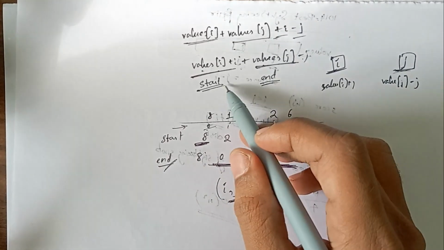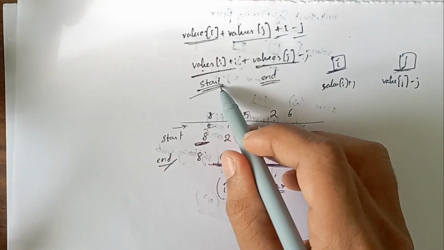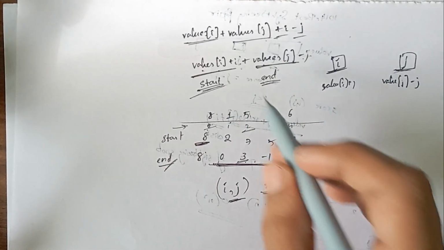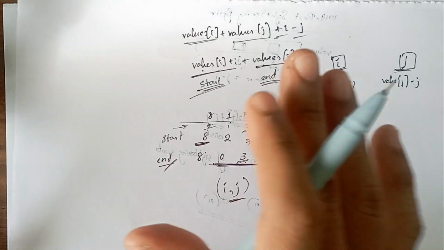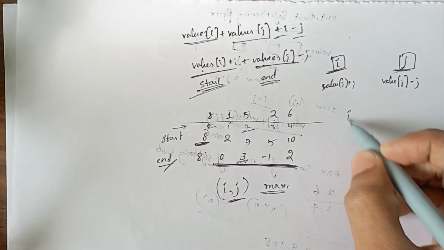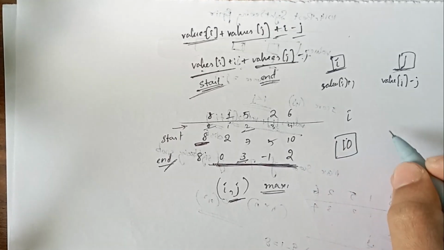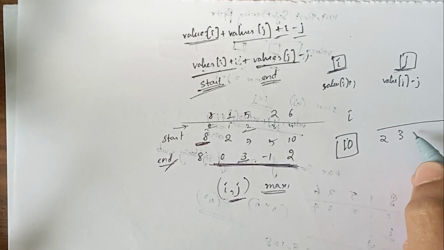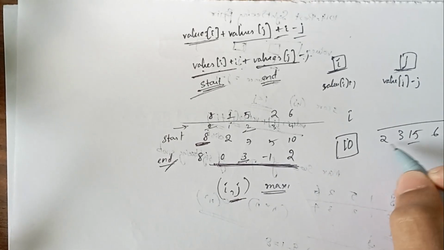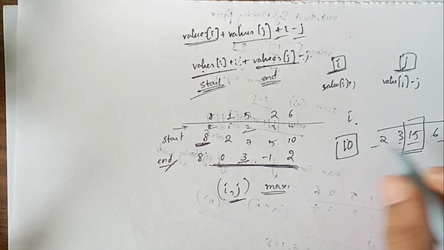Why does this work? Because at the start we'll be considering all elements, but at the end we need to consider only the maximum element. So if you are at i having 10, and there are many elements like 2, 3, 15, 6, you will be considering this 15 for this i.